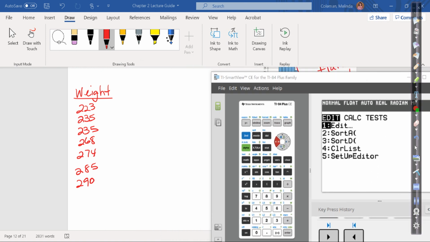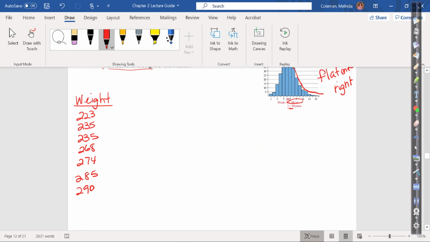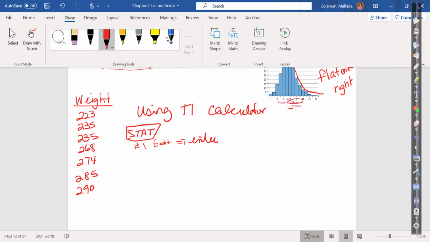So using the TI calculator, we're going to hit Stat, and then number 1 for Edit, and that's how you enter the data.